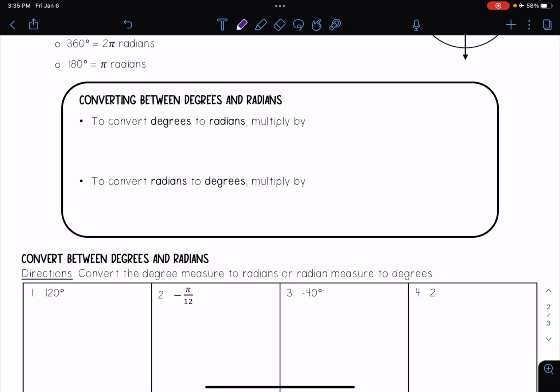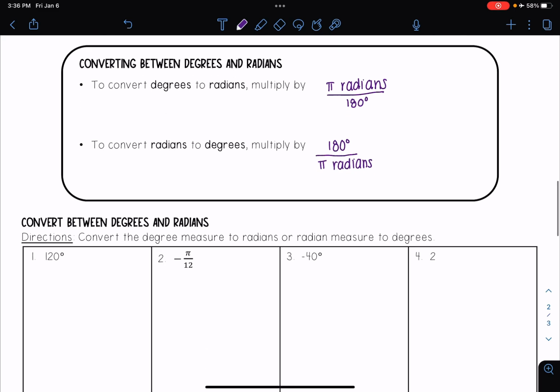If we wanted to convert degrees to radians, we would multiply by pi radians over 180 degrees. If we want to convert radians to degrees, we would just multiply by the reciprocal of that, so we would multiply by 180 degrees over pi radians.